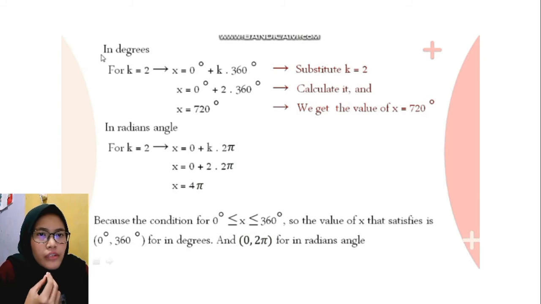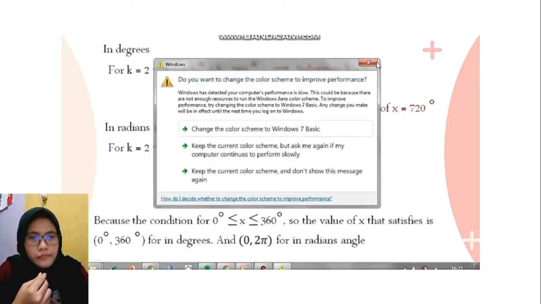In degrees, for k equals 2, substitute k equals 2, calculate it, and we get the value of x equals 720 degrees. In radian angles, for k equals 2, in the same way, we get the value of x equals 4π.